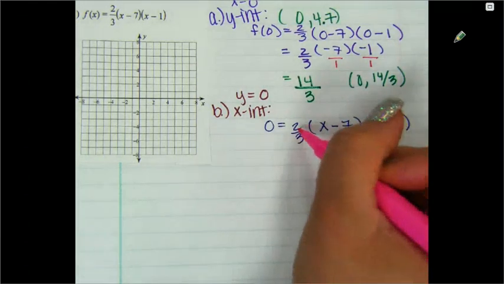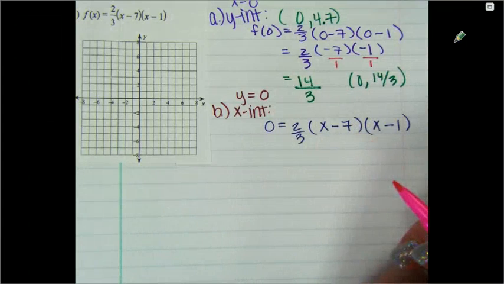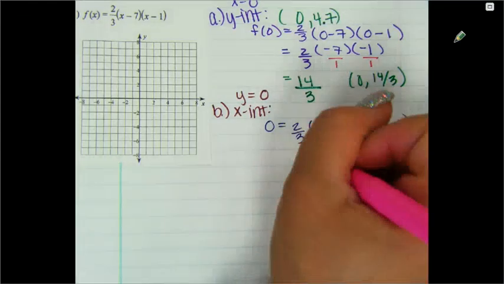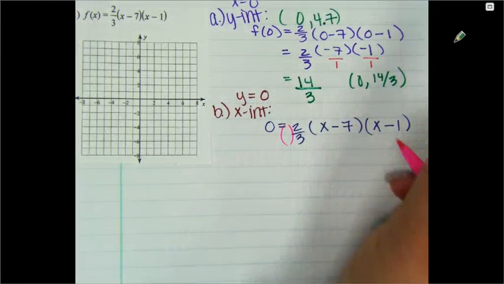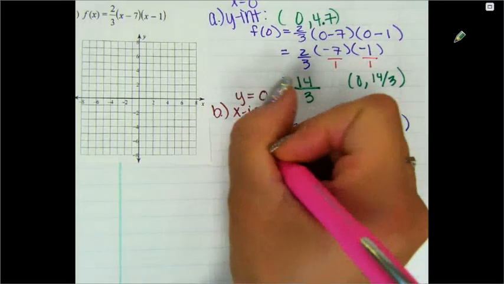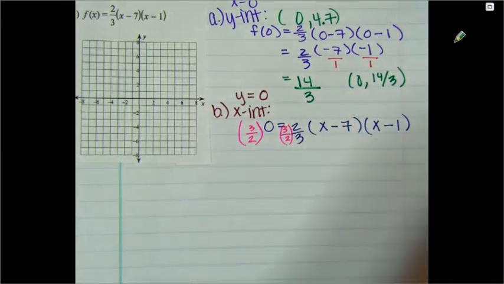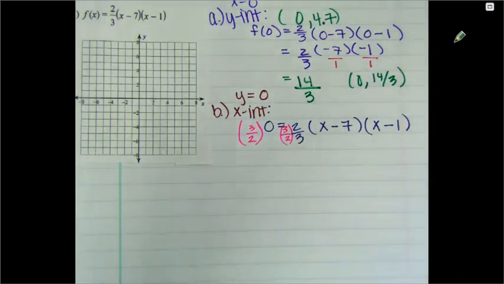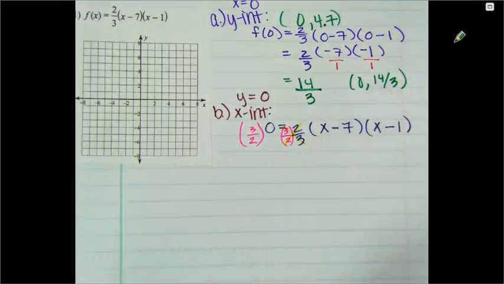It's the reciprocal. Remember, reciprocal means to flip it, so 3 over 2. 3 times 2 over 6 is 1, so that's gone.